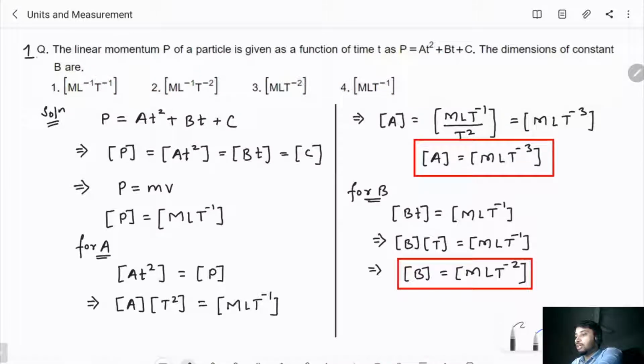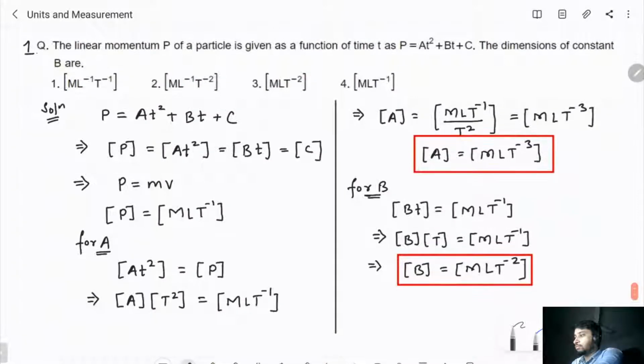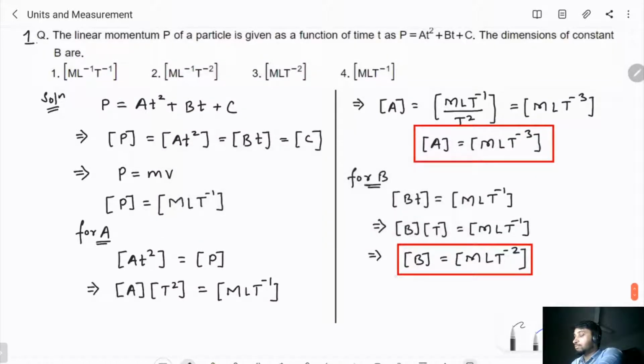Same way, if we try to find the dimensional formula for C, it will be the same as the dimensional formula for P, which is the linear momentum. So we can write directly that the dimensional formula for C will be M L T to the power minus 1.